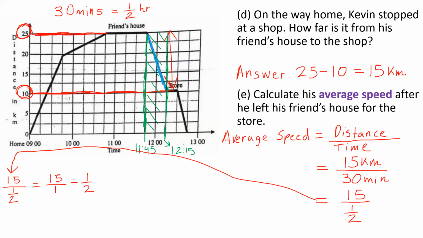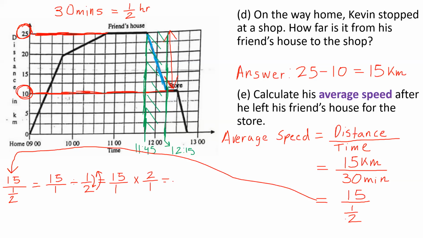And then remember what do we do here? We KSF, right? We keep, change, flip. So we keep the 15/1. We change the division sign into what? Multiplication. Good. And then we flip the 2 and the 1, so it's going to be 2 over 1.